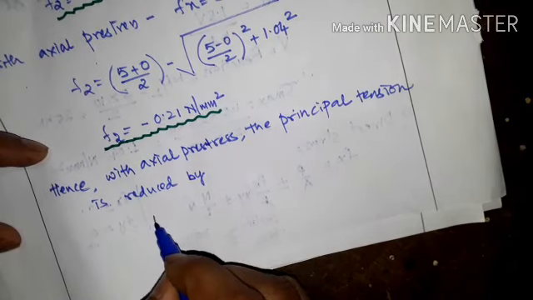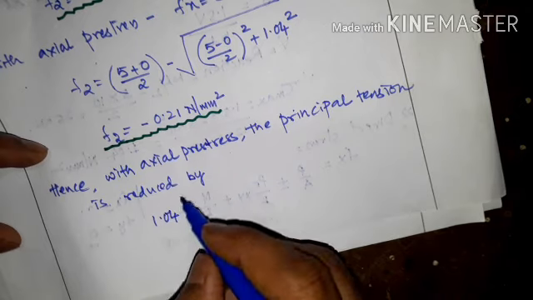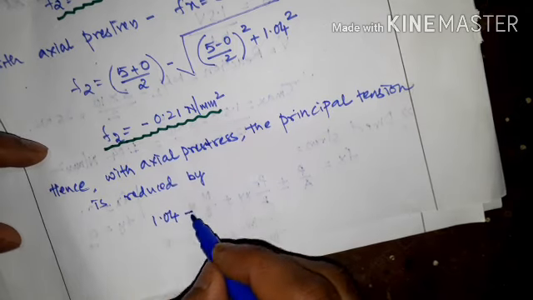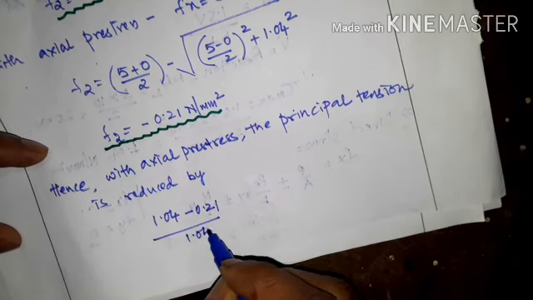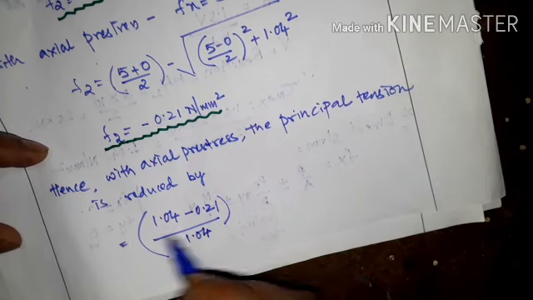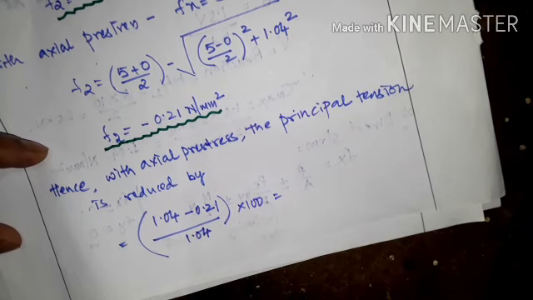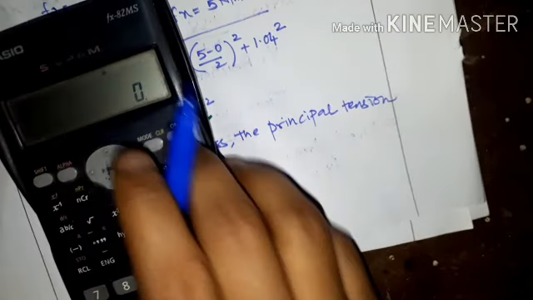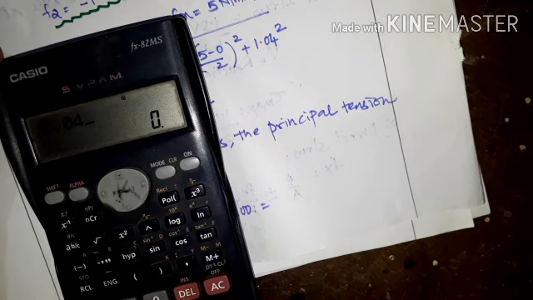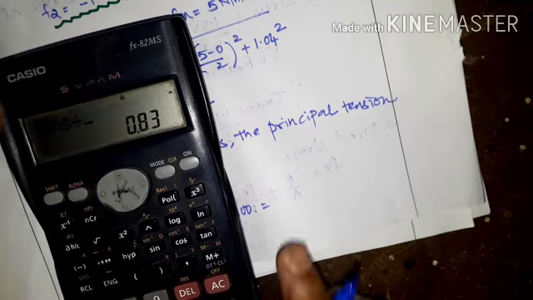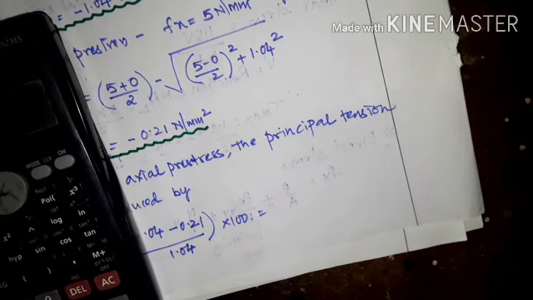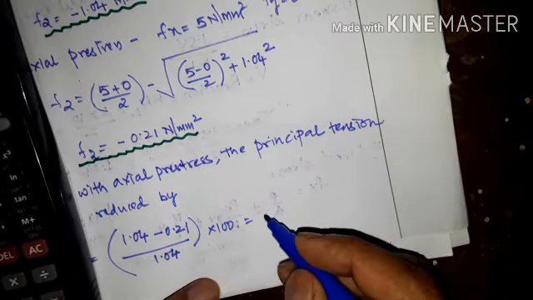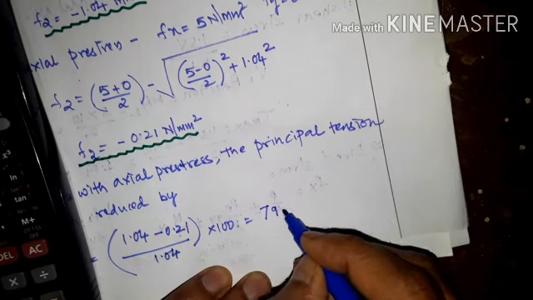So it is (1.04 minus 0.21) divided by 1.04 into 100. I will check here. You can see there is a reduction in percentage of 79.8%.